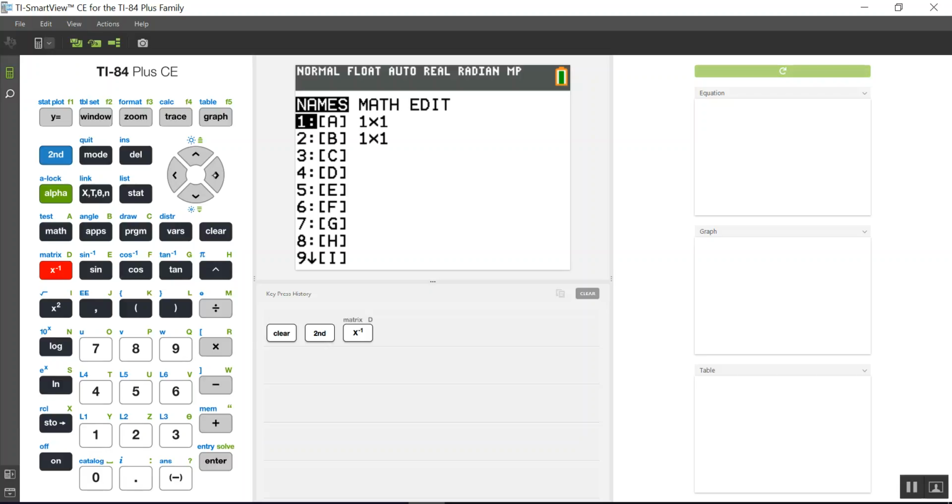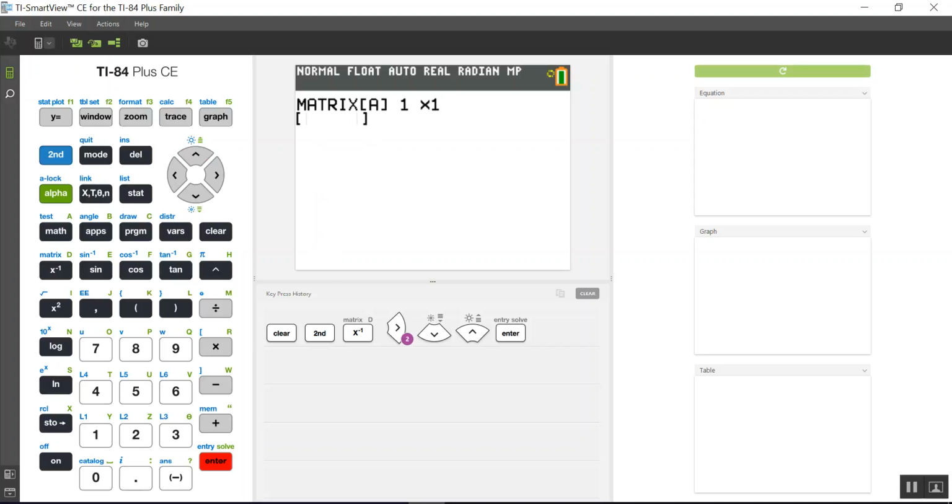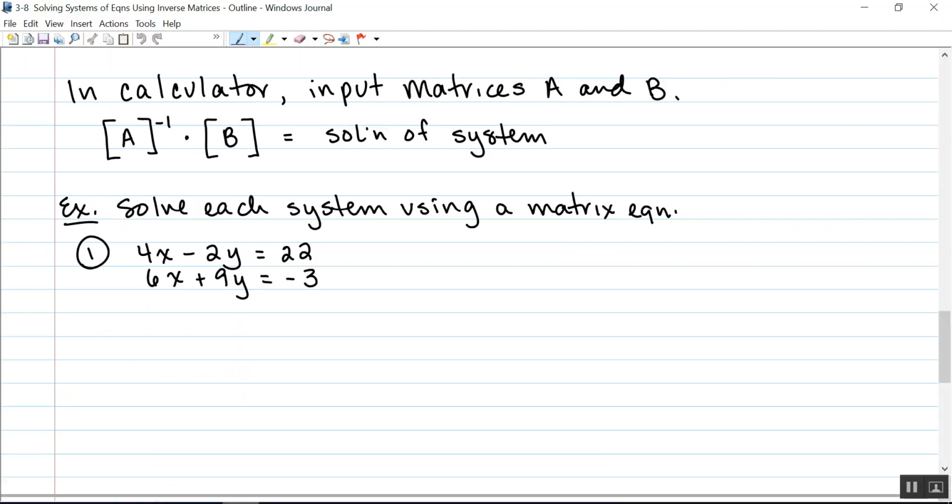So let's arrow over to edit, and I'll go down to matrix A. I'm already in matrix A. Hit enter. By default, this one just happens to be a 1 by 1 matrix, but I'm going to do the example that I showed you in the notes.